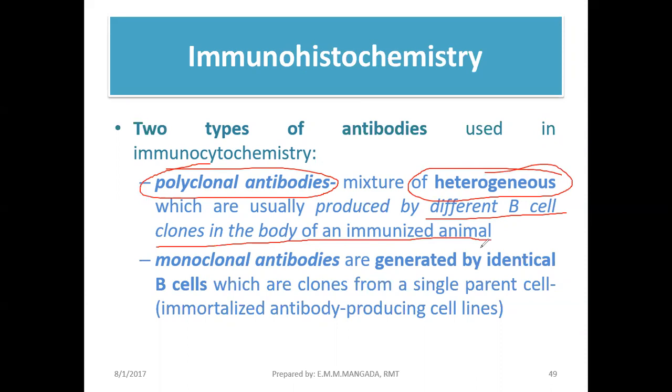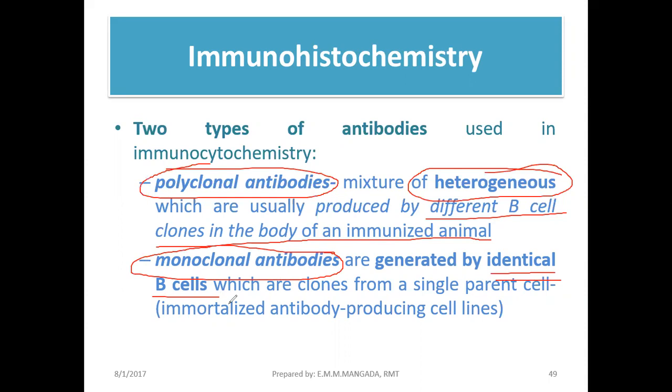Mamaya di-discuss natin. Okay? Bakit yung mga antibodies na yun naging heterogeneous? Kasi they're coming from different B cells. While your monoclonal antibodies naman, they are from identical B cells. Identical B cells. So, ibig sabihin, iisa lang yung clone na pinanggalingan nila.